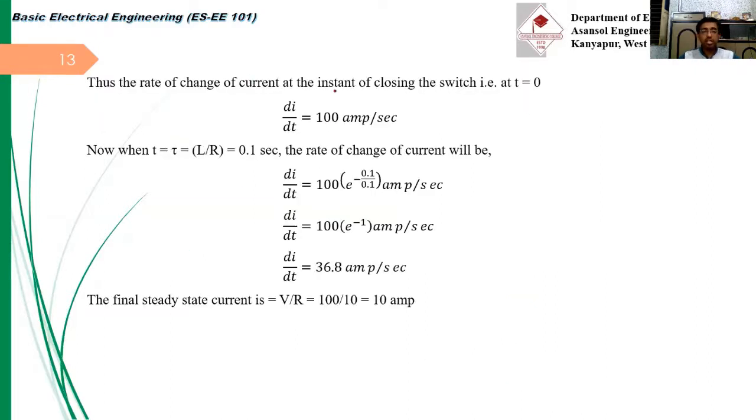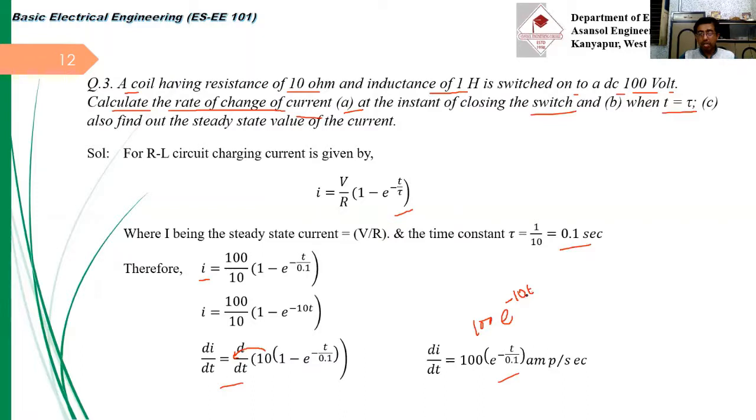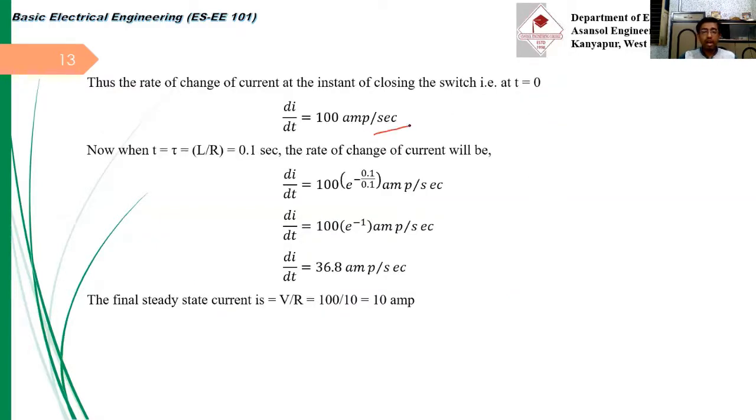Next, the rate of change of current at the instant of closing the switch, at t equals 0. So here put the value t equals 0. At t equals 0, e to the power minus 0 is 1. So ultimately your answer will be 100 ampere per second. Okay.